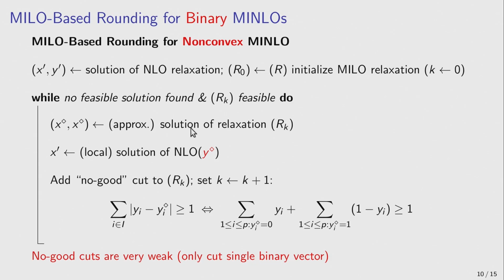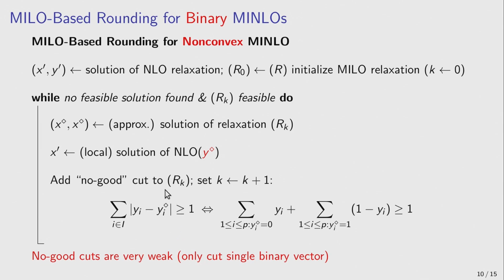That's an integer solution. And I take that and I now solve the nonlinear optimization problem where I fixed those binary variables. And then I'm going to add a cut to my relaxation that basically excludes this point from further consideration. So this cut is a cut over all the integers.